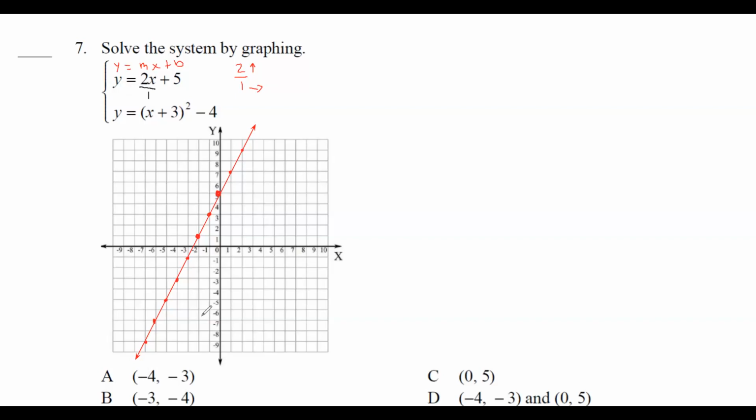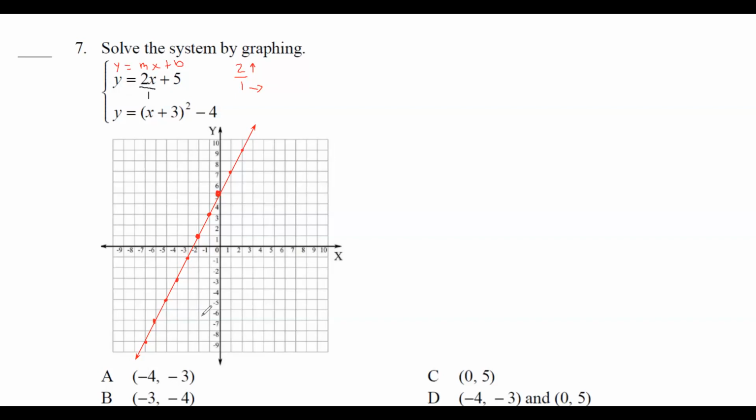All right, now the next part, how do we graph the following equation? y equals (x plus 3) squared minus 4. Now, whenever we had transformations, we were able to identify the parameters that were given.